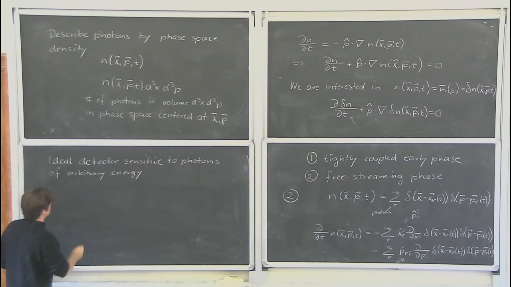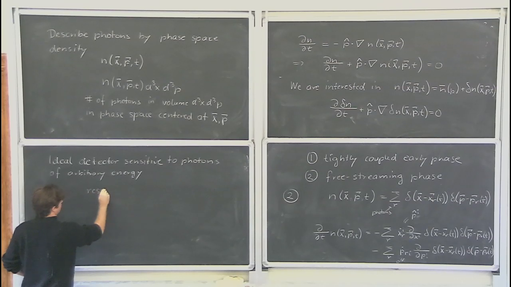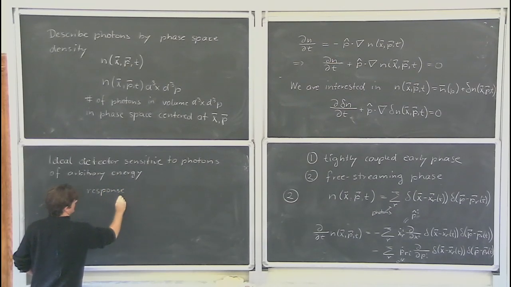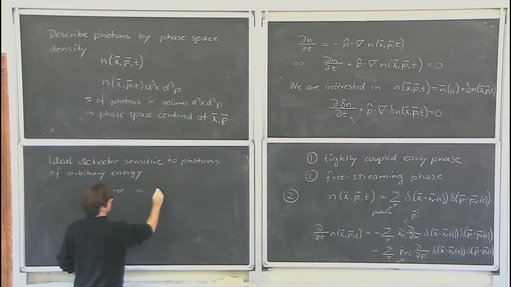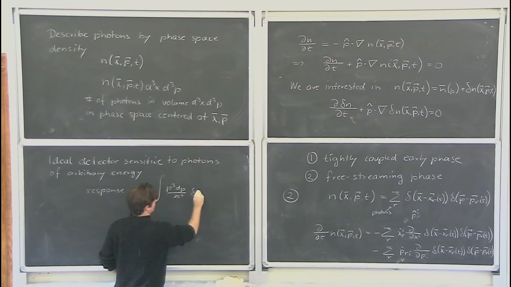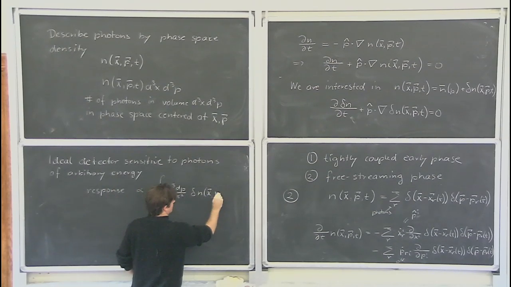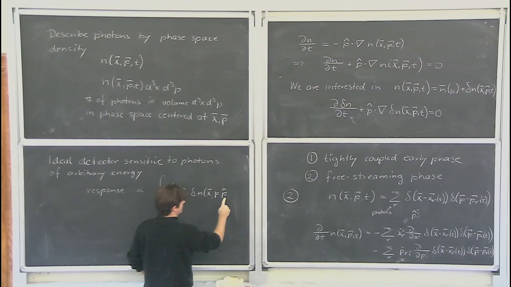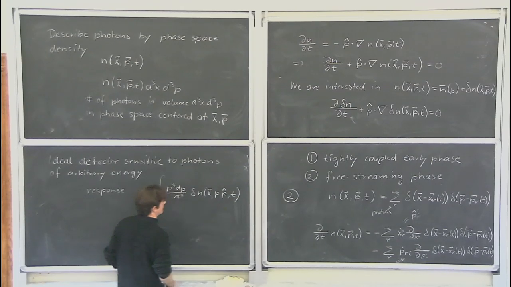Then the response of that detector will be proportional to the integral of p cubed dp over 2 pi squared of delta n, if you put the detector at position x, of p hat, and it registers only photons coming from the p hat direction, so you have infinite resolution, which also isn't necessarily the case.